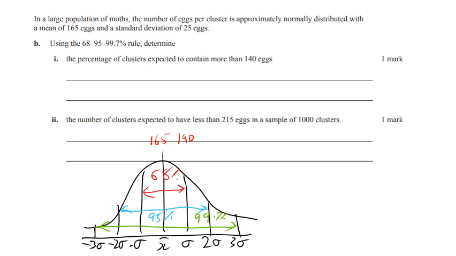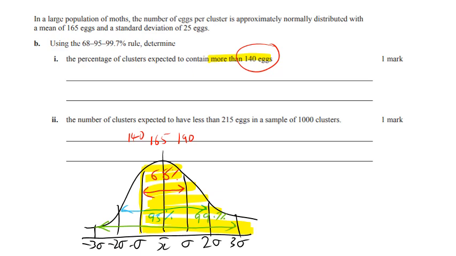So we can get bigger, but what we're looking for is 140, right? So 165 minus 25 is 140. So we're actually looking for from this point, which is minus 1 standard deviation, and it says more than, so we're looking for how much is all of that area, because it's more than 140.